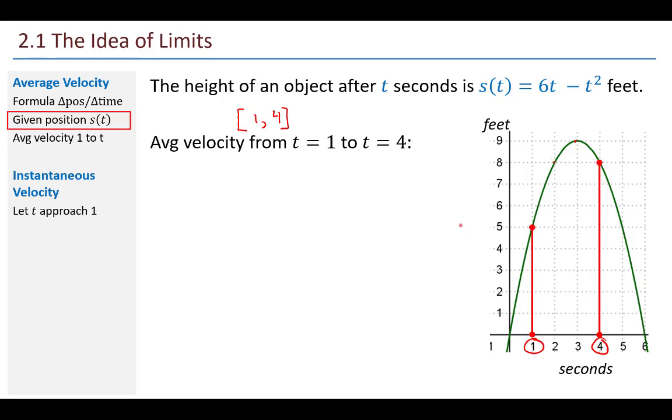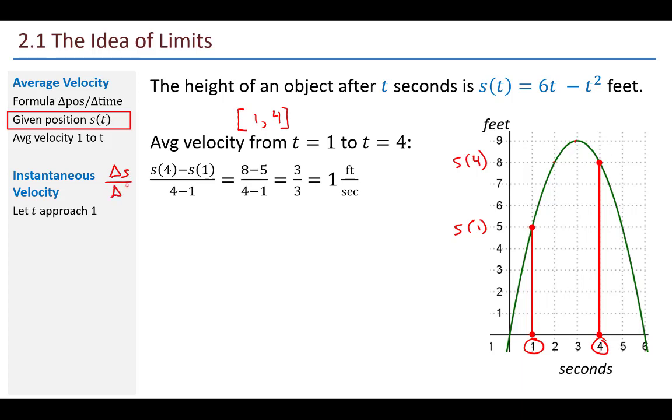Well, it started off at s of 1, and it ended at s of 4. So the change in position, I can write that change in s, delta s, over change in time is s of 4 minus s of 1 over 4 minus 1.